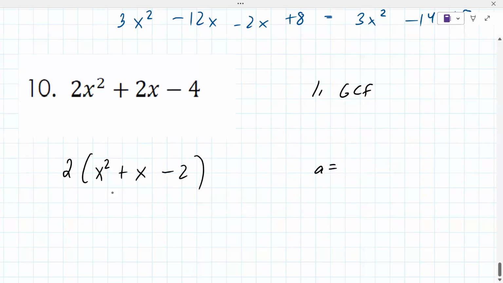This becomes an a equals 1, ends up being x plus 2, x minus 1 with a 2 out in front. You got to be careful that you don't try to use the approach that we've been using on these, like 2 times -4.